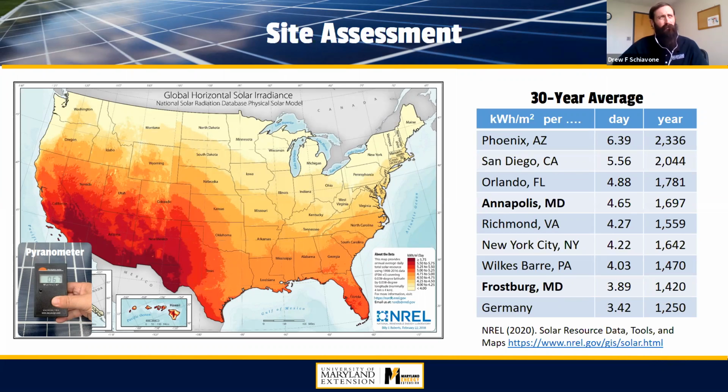Yet in recent years, not so much anymore because they're at their capacity, they've led the way in solar implementation, installing quite a bit of solar throughout their country, even though they don't have as much resource as us. So with that said, we do have a competitive resource available to us to make this a viable technology. So we're not going to talk too much about that.